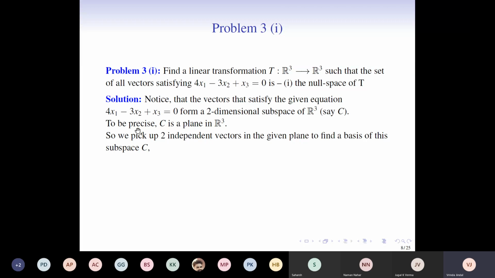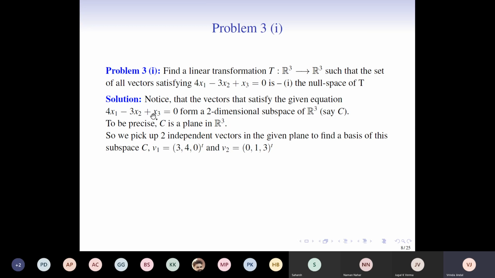So we only need two independent vectors in order to completely define this whole plane. That is, we need two independent vectors to find a basis of this subspace. So how do we go about it? First, we take any random vector in this plane. v1 we take by putting x3 equal to 0. If we put x3 equal to 0, we get 4x1 minus 3x2 equal to 0.